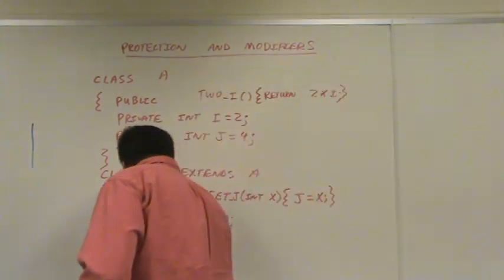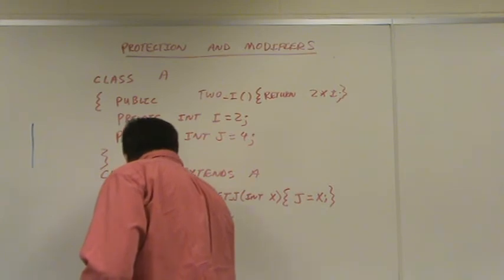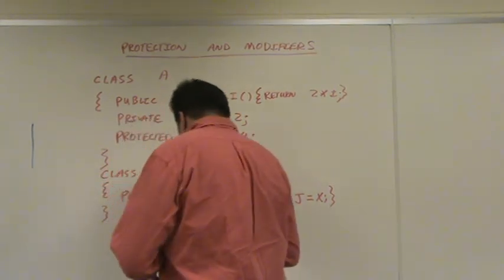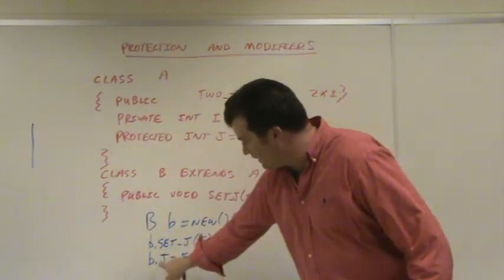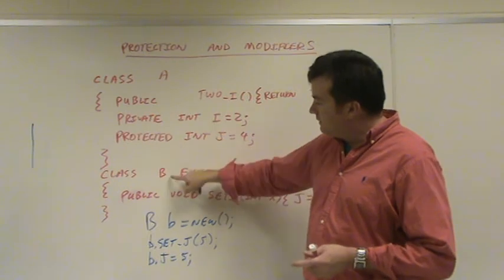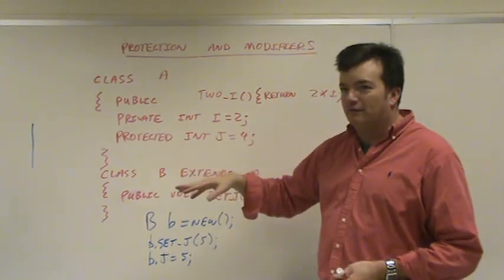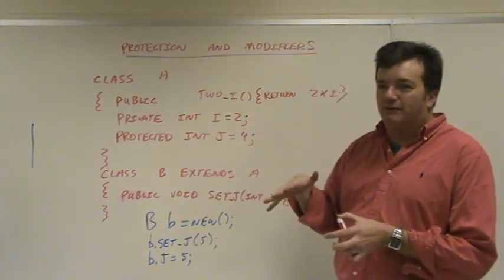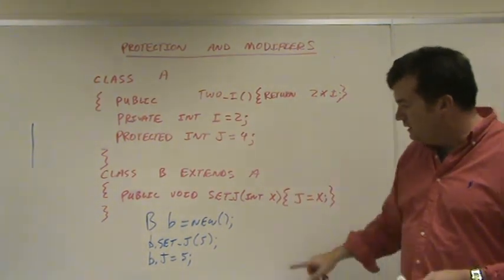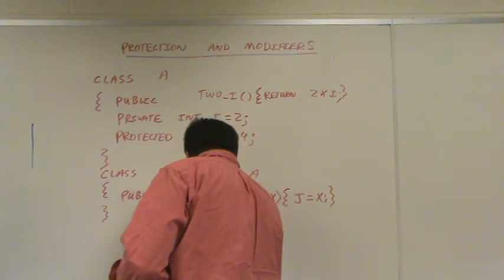But if they wanted to write directly on the j field, that field is protected. So the class B inherited it, but it's still protected, it's like it's private. From the point of view of the outside world, it's still private. You can't get to it. So this would have a compiler error.